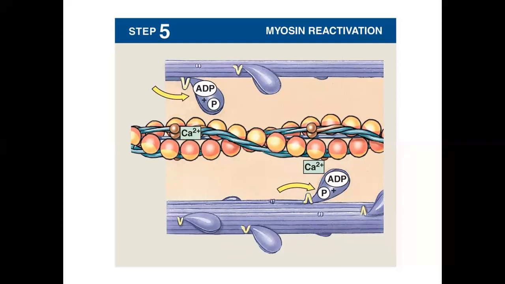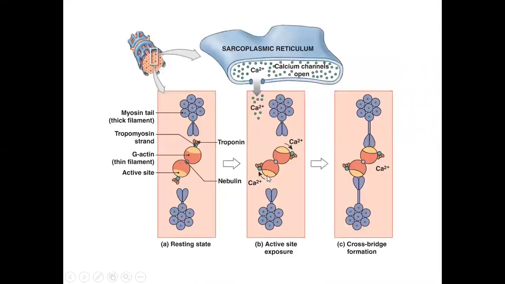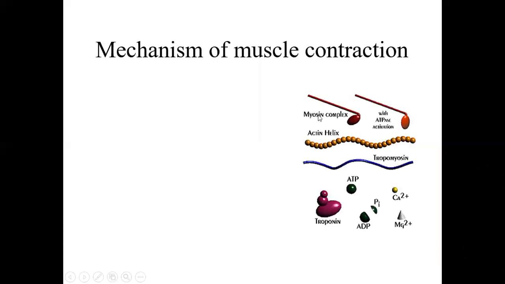So now, I wanted to show you these steps. Remember, this diagram is the one we started, showing you the myosin molecule. They call it a complex because it has several chains.